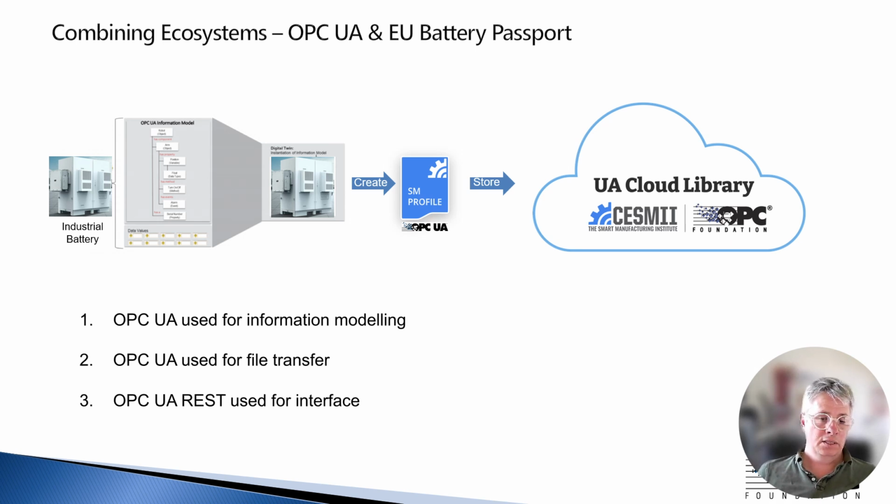That's it. And of course, you can also import it into an OPC UA server. It's just a node set file. And use things like OPC UA file transfer to share it, or use the REST interface that I just described to share the battery passport with your supply chain, with your customers.